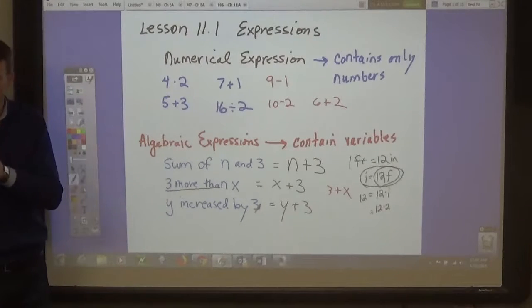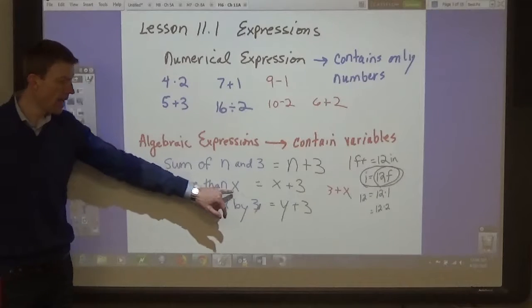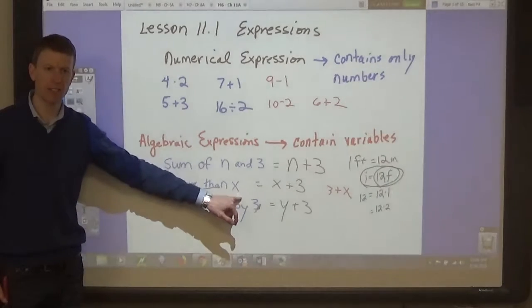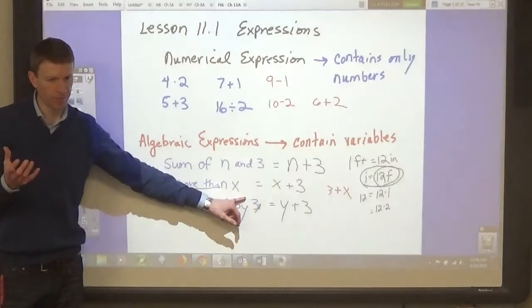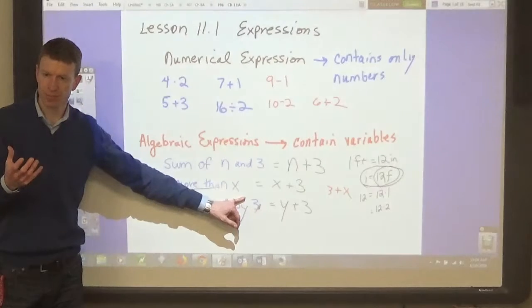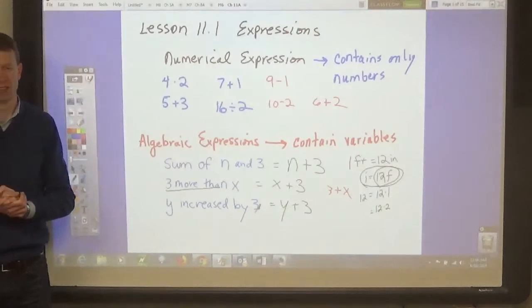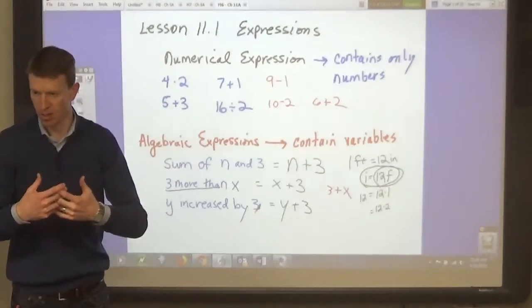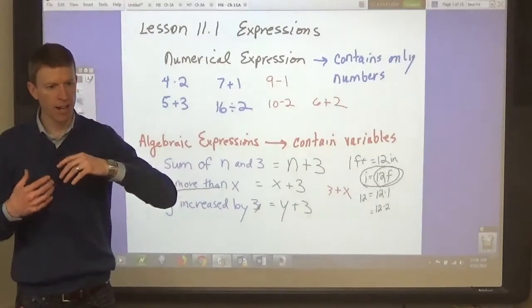Am I adding something to that amount, or am I taking away something from that amount? In this case, 3 more than x tells us we're starting with an amount x. Okay? And then adding 3 more to that. So we don't necessarily know how many we have to start with, but we know that we're adding 3 to it. 3 more than x.